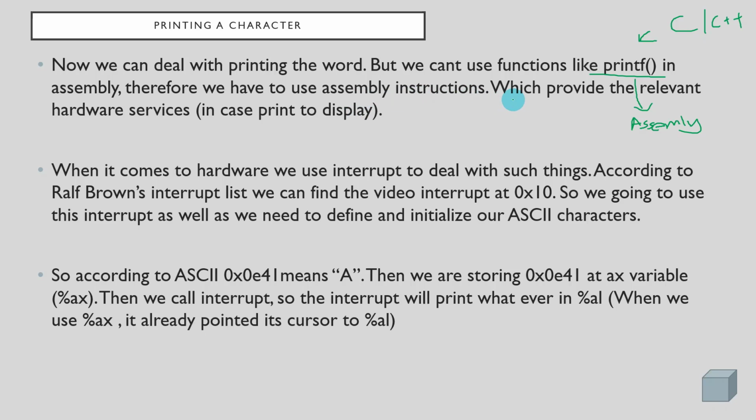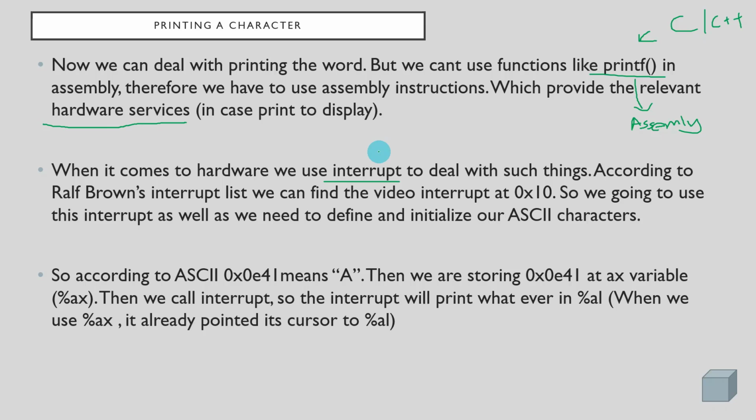Now we are going to focus on hardware services. When it comes to hardware, we use interrupts to deal with such things. Remember, everything you do within an OS is an interrupt. Even if you press a key, it is an interrupt.